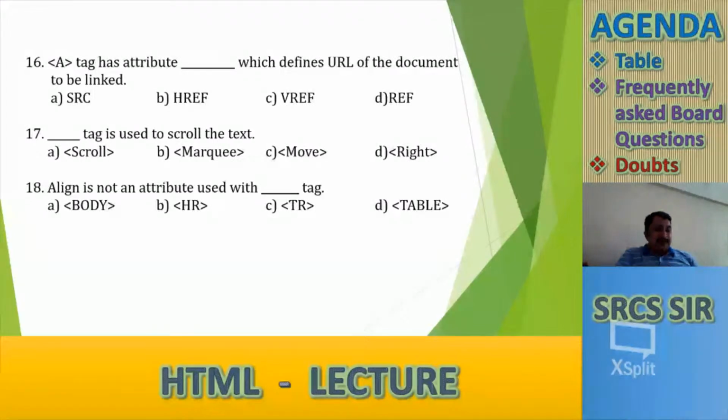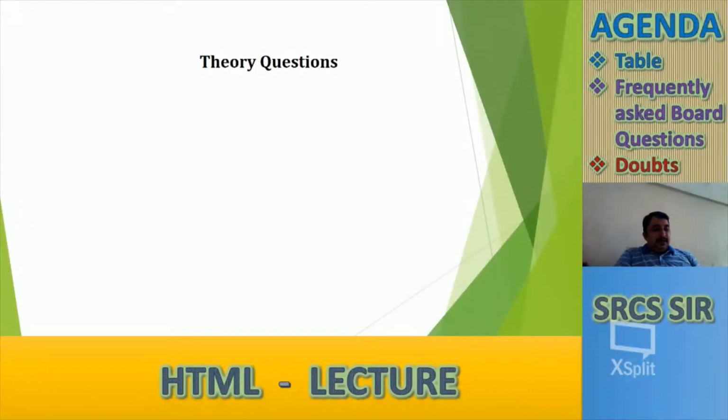HR you can align. Body is the right answer. Body tag is the correct answer. So that's all about the MCQs. These are all collected from the last 10, 12 years of question papers, board papers.